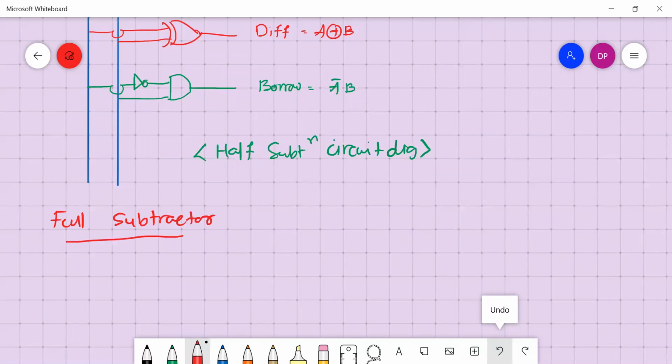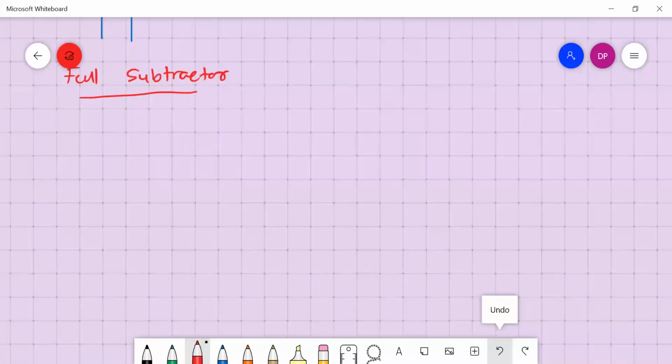Full subtractor. So why is the full subtractor used? The full subtractor is also helpful in subtracting two single bit numbers. But what it will do is consider the previous borrow into account. Let's say I give an example in decimal.